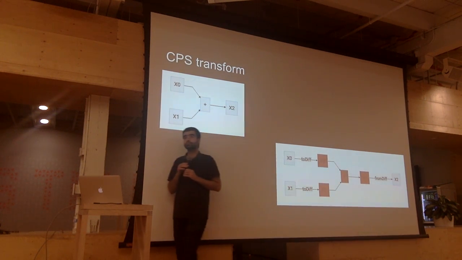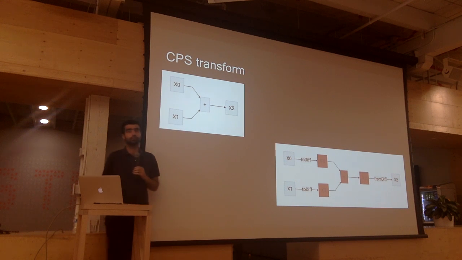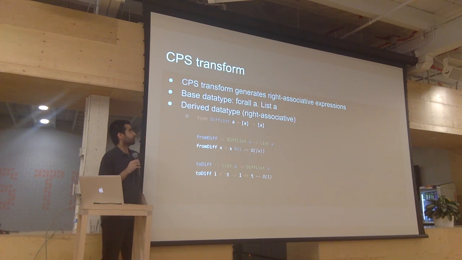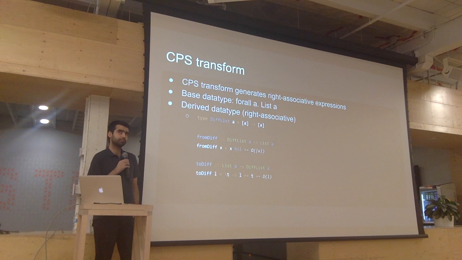So I guess what I was wondering is, could you use the same implementation for diff list to do a CPS transform on some other associative operation on lists? So what would be an example of a different one, like what are you trying to do? I don't know. I can't think of one.